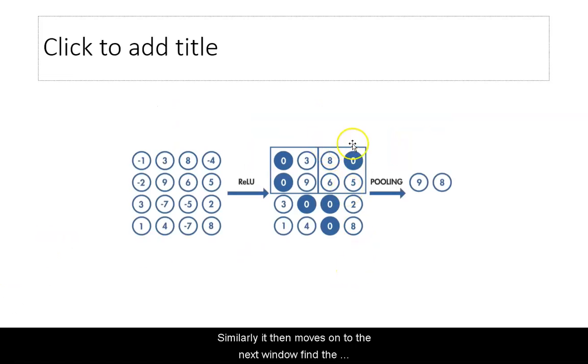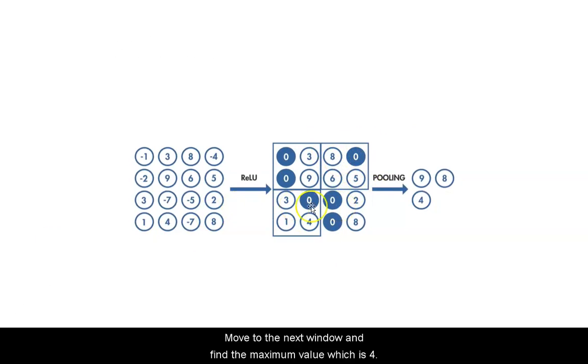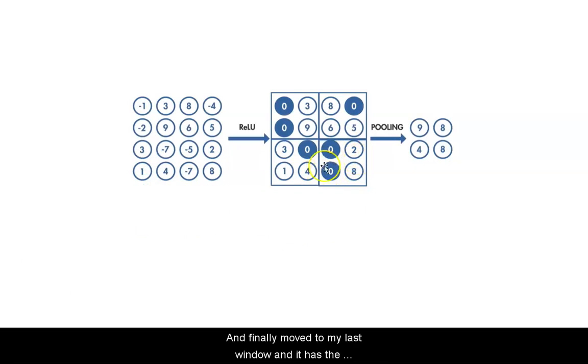Similarly, it then moves on to the next window, finds the maximum value which is 8. Move to the next window and find the maximum value which is 4. And finally move to my last window and it has the maximum value of 8. So clearly there is a reduction in the dimensionality of a feature map with the help of the pooling operation.